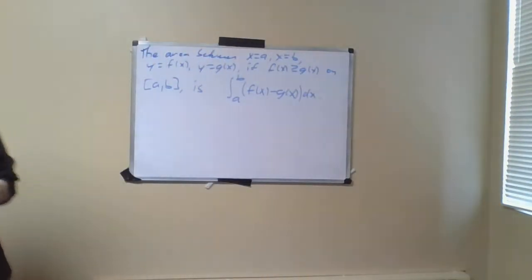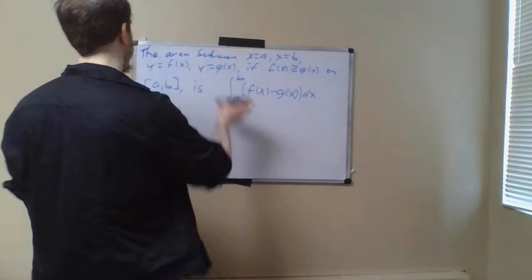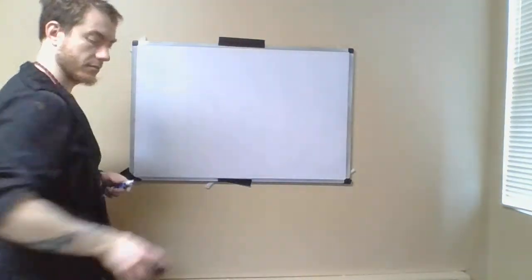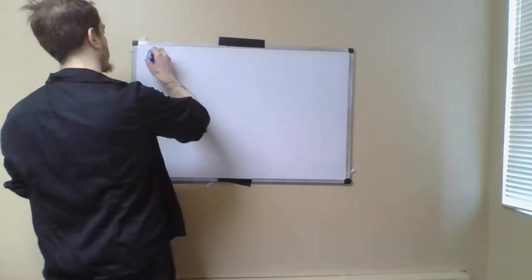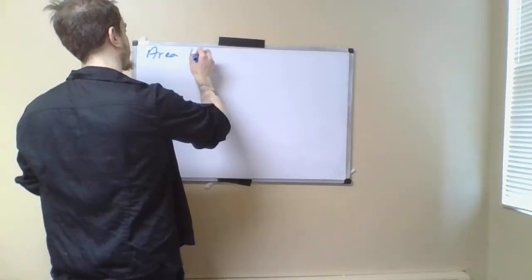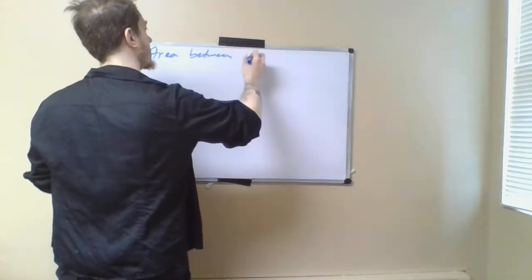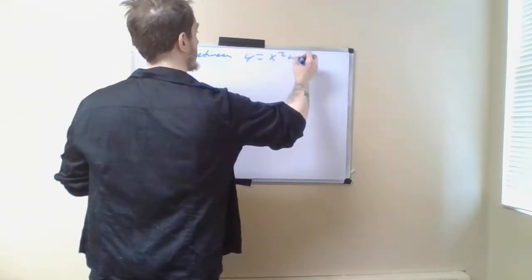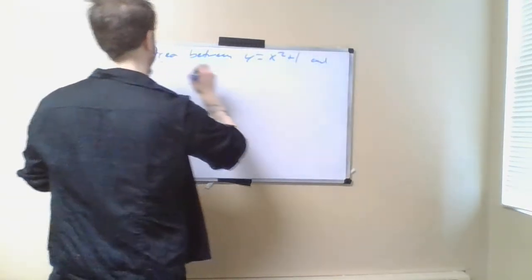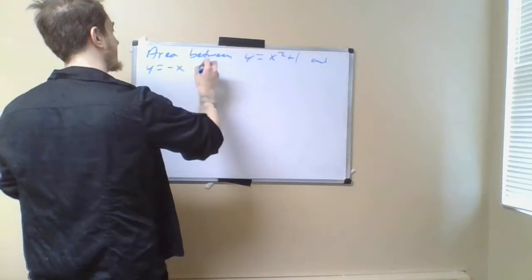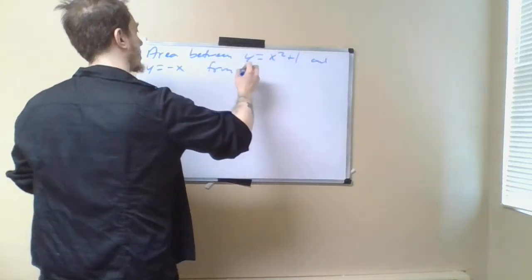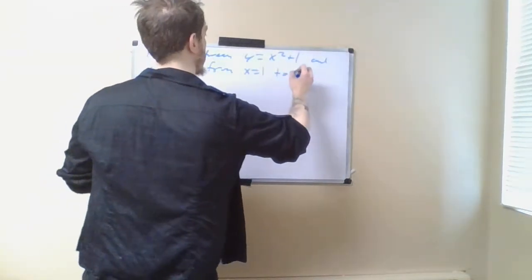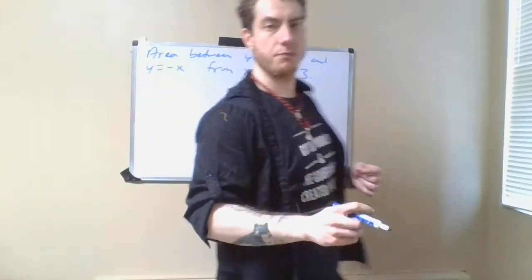As an application of this, let's suppose that I want to find the area between y equals x squared plus 1 and y equals negative x from x equals 1 up to 3.